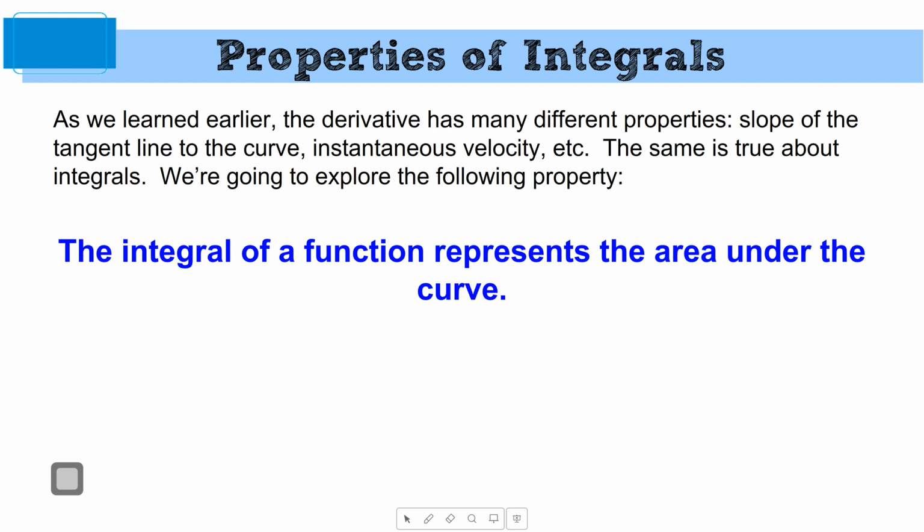Which I just happen to be able to do with this snazzy program. Yeah, that's pretty cool. So if I increase the number of rectangles, then the amount of wasted space decreases.